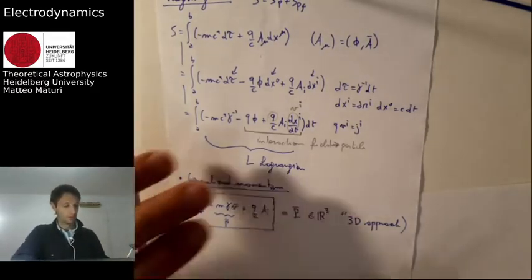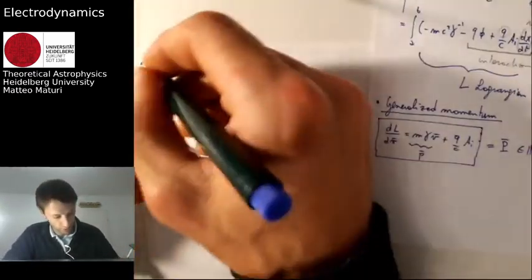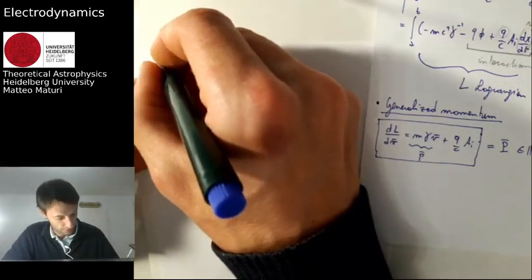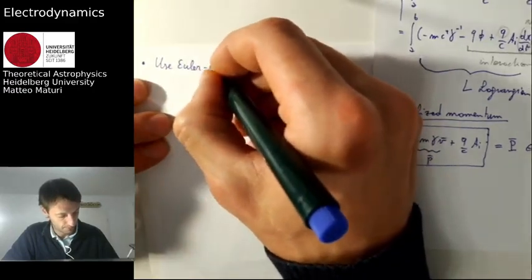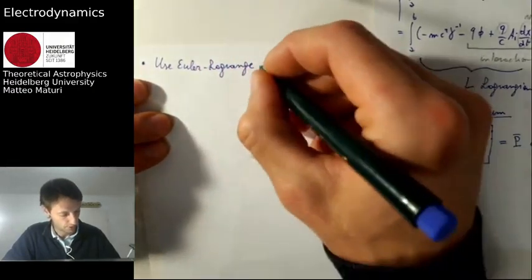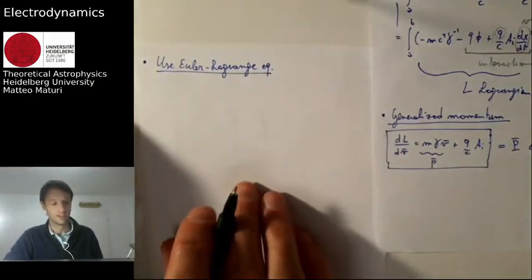Good. Now that we have the generalized momentum, we can use the Euler-Lagrange equation to find out the equation of motion.